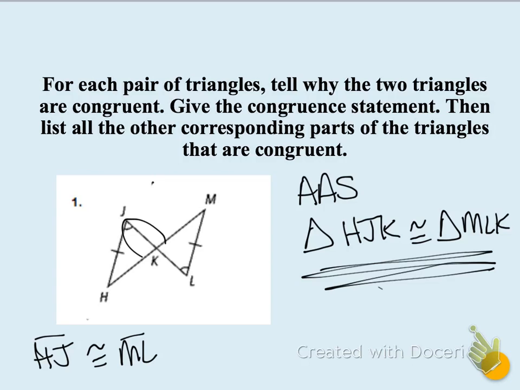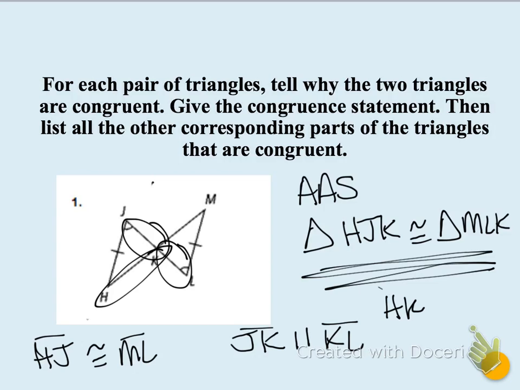And then we have JK being congruent to KL. And then our last one is HK, sorry, these are supposed to be congruent, congruent to MK. So there are my different corresponding angles and corresponding lines.